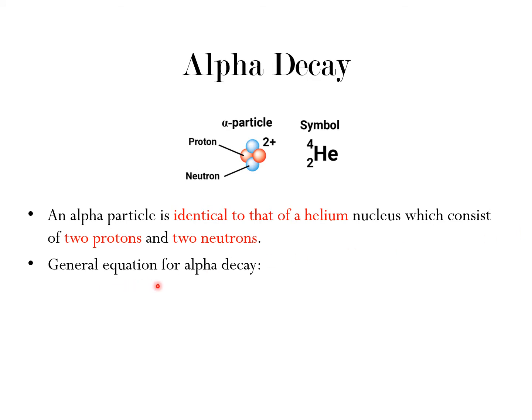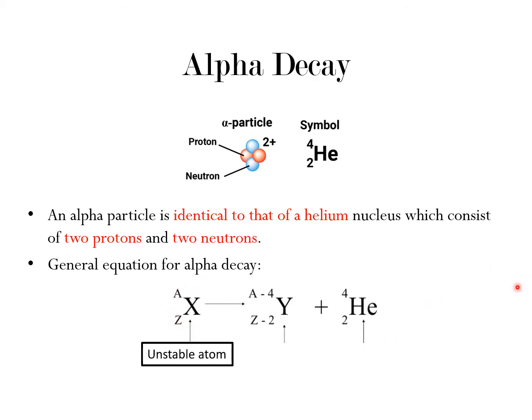As for the general equation for alpha decay, we need to write the atomic symbol for the unstable atom and more stable atom, plus the symbol for alpha particle.